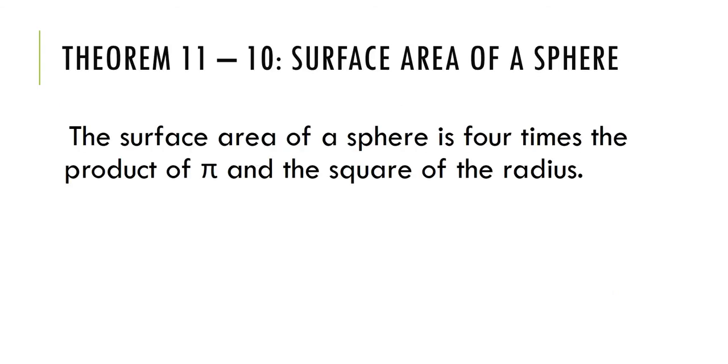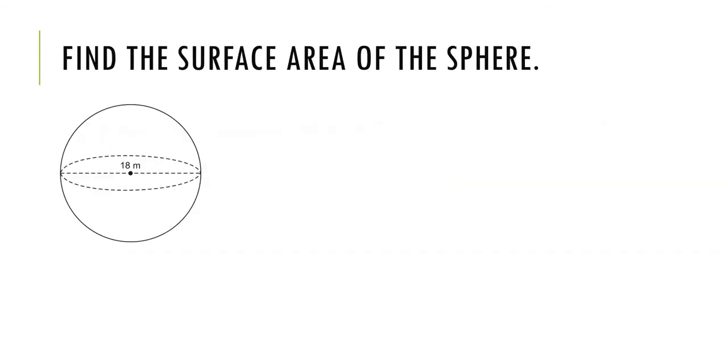All right, surface area. The surface area of a sphere is 4 times the product of pi and the square of the radius. So it's just like the area of a circle, but 4 times as big. Pretty simple equation. Find the surface area of the sphere: 4 pi r squared.